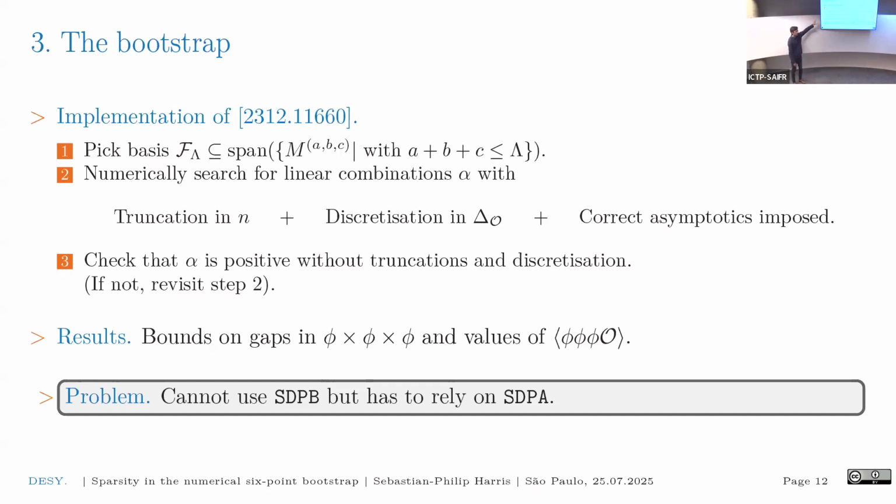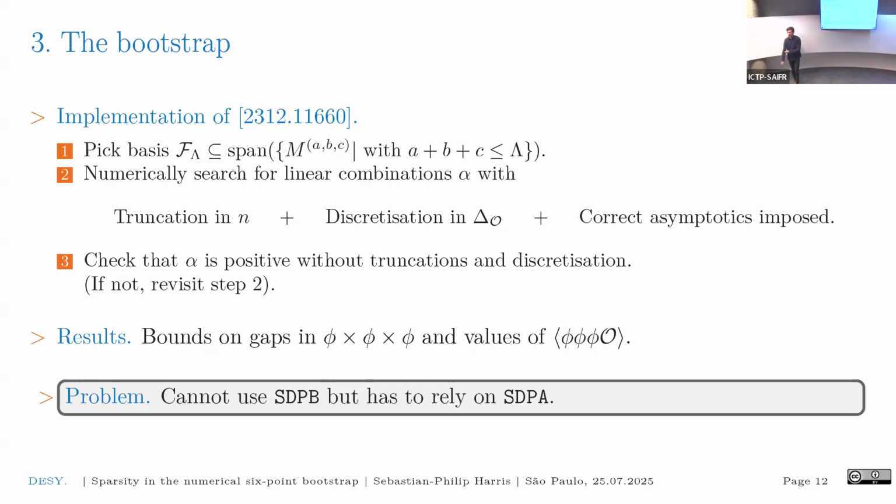And this entire procedure, while it worked, still had several problems. And I think from a practical perspective, the most problematic thing was that because of the nature of the semi-definite programs that arise in this problem, you cannot really use SDPB to solve them.